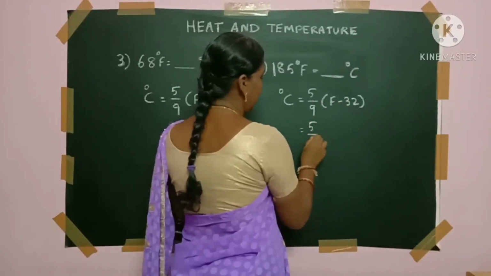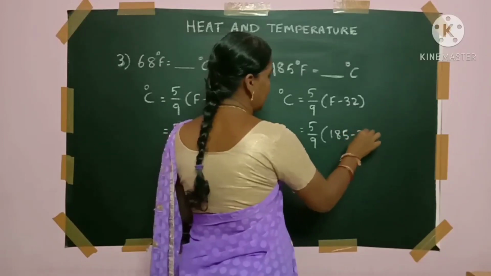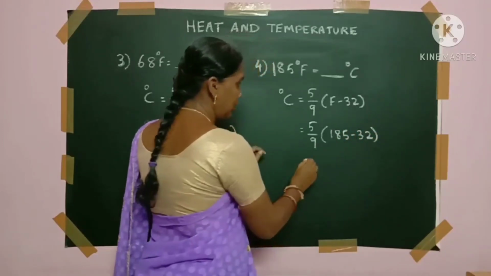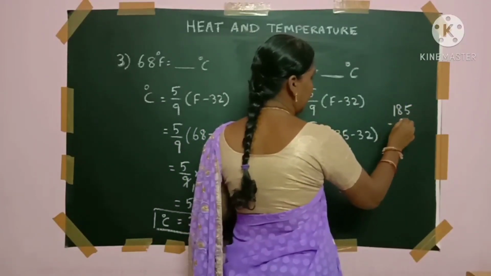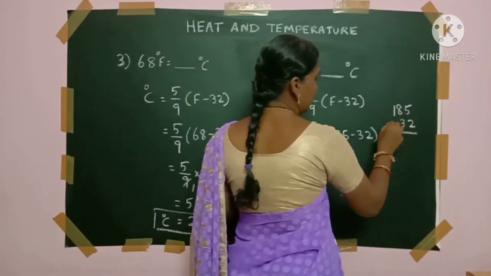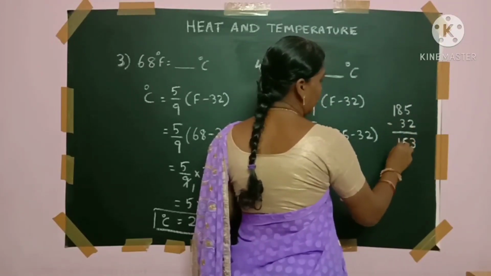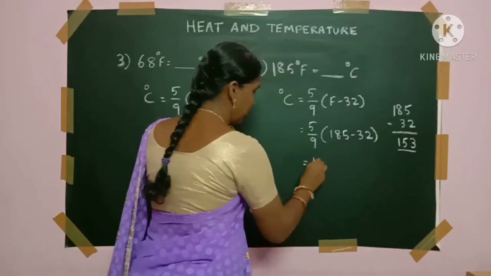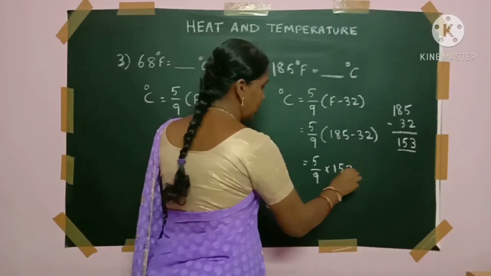So 5 by 9, 185 minus 32. What value do you get? You get 153. So 5 by 9 into 153.